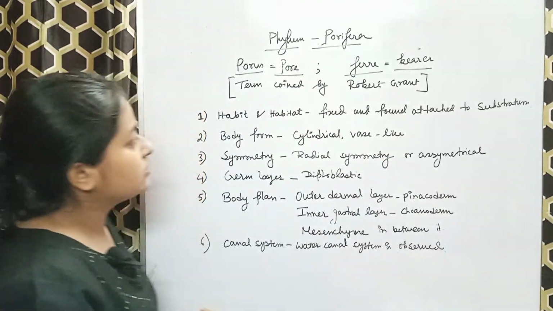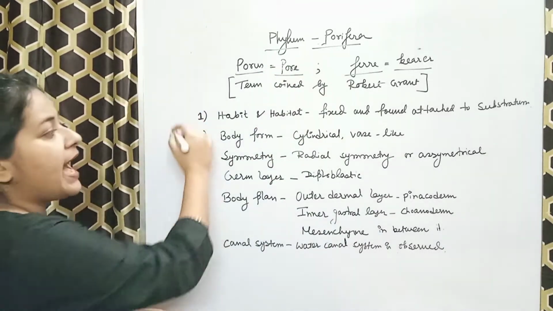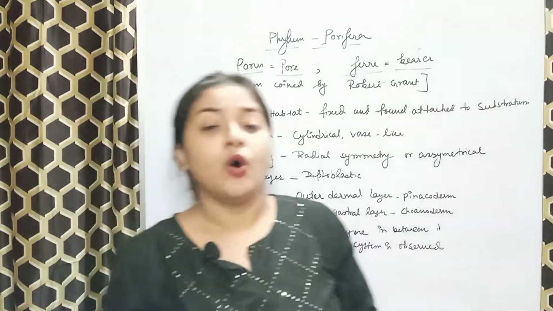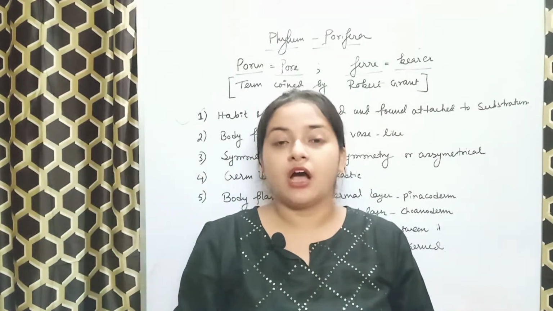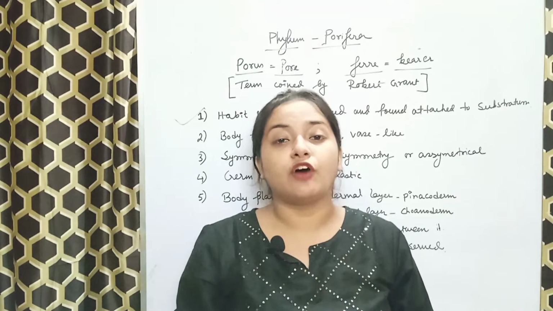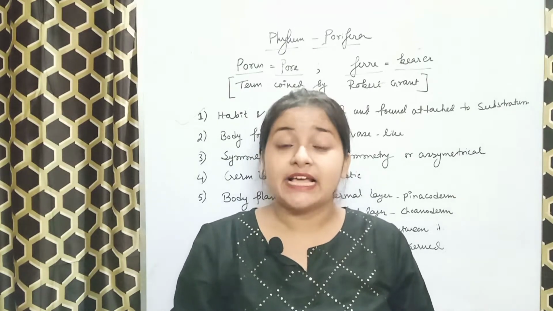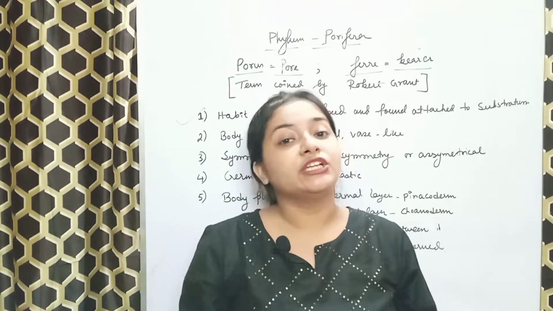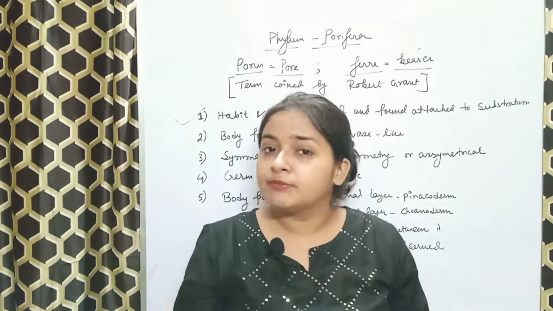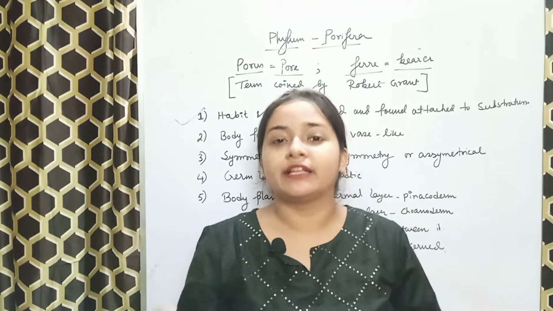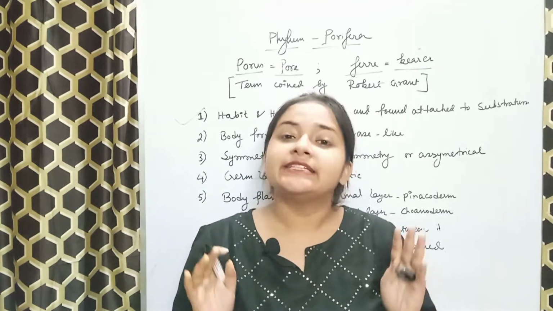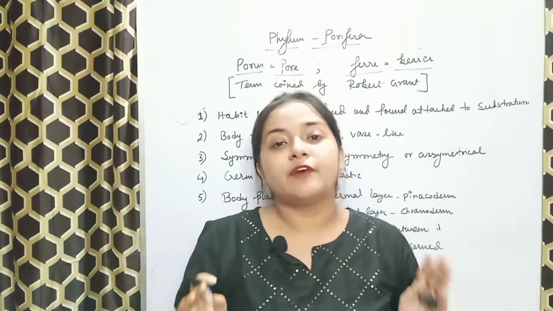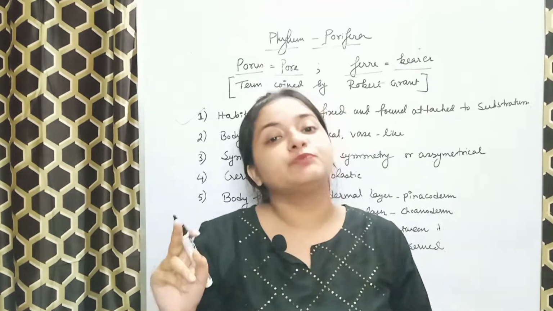Okay, so next is habit and habitat. Most of the species of this phylum are sessile by nature. They cannot swim and they do not migrate from one place to another. Normally, 99% of species of phylum Porifera cannot move.